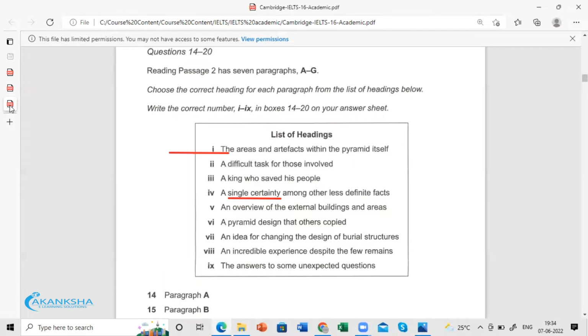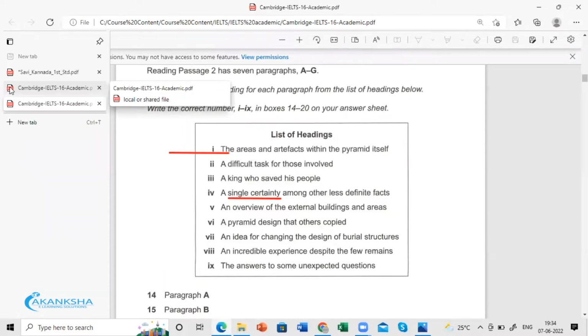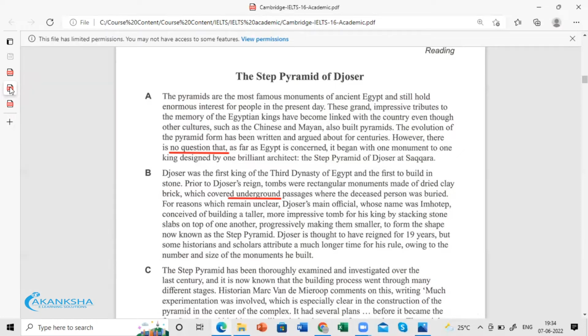And among other less definite facts: how do we know there are less definite facts? Because of the word however. However always indicates an opposite idea. That's why.